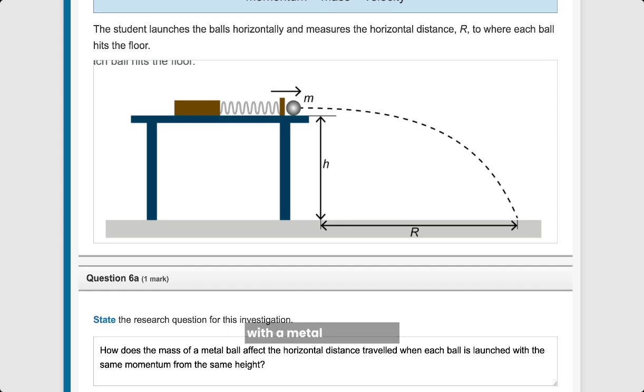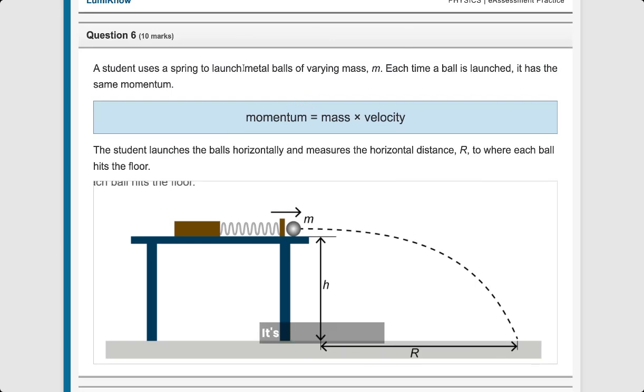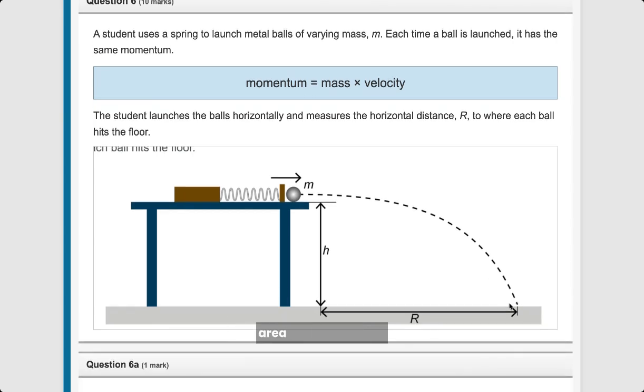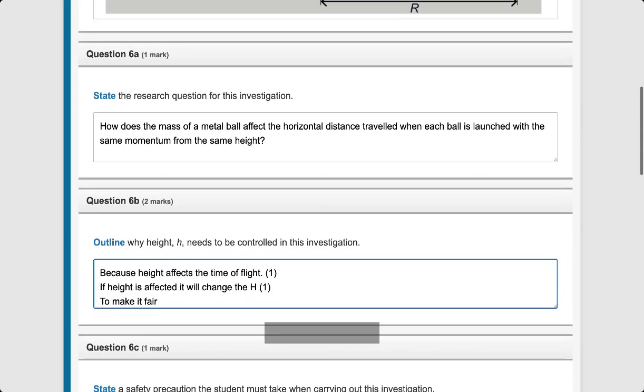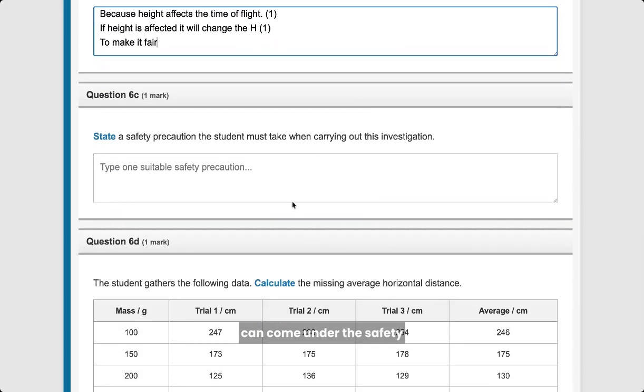Remember, we are dealing with a metal ball of varying mass, and of course it's propelled with the help of a spring. The spring can create momentum and velocity, and this can cause injury if it hits us. And second, the landing area should be clear. It should not have any other things which can get damaged. All those things can come under this safety precaution, so you can write this.